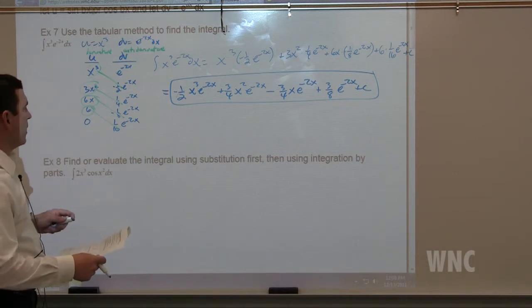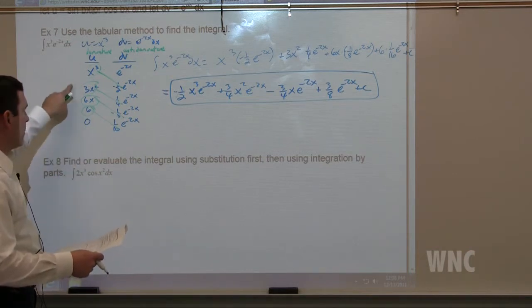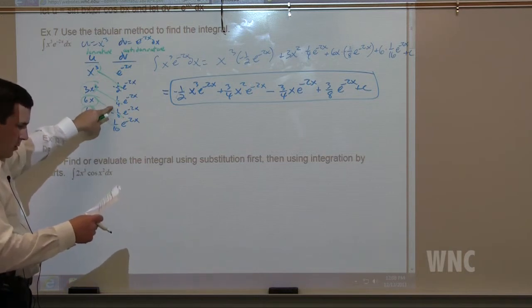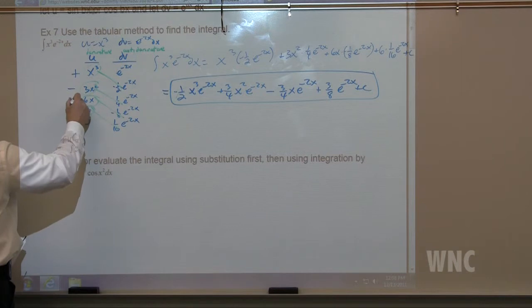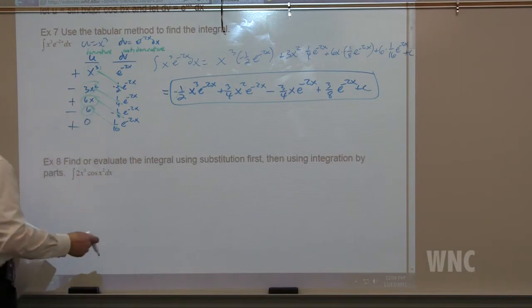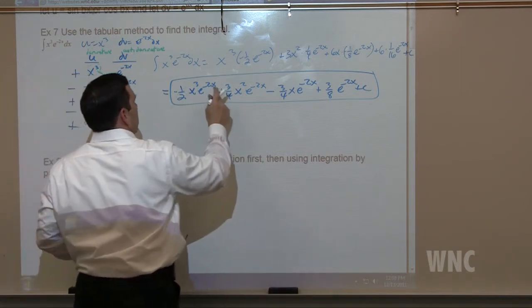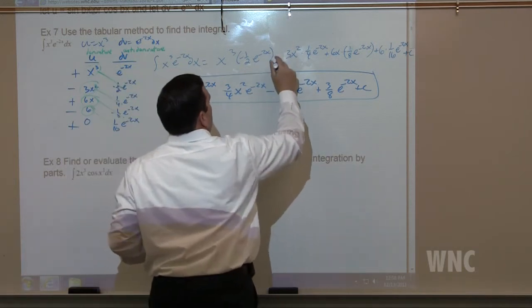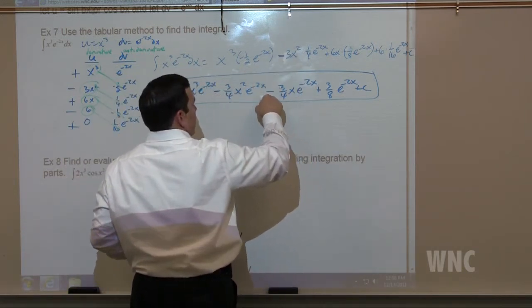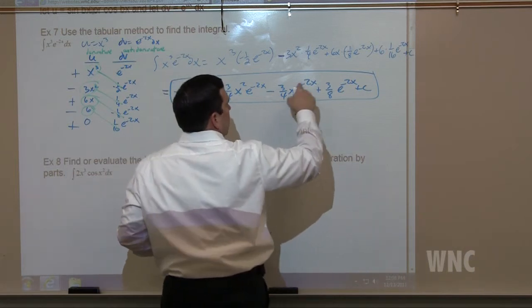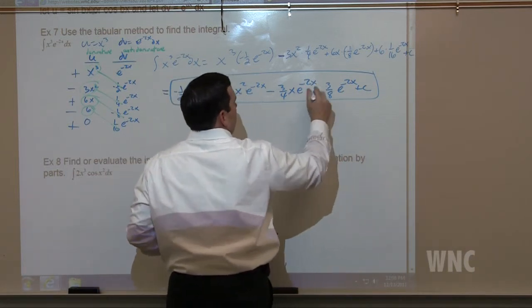I feel like I'm missing a negative somewhere. Oh, I did forget something. It's plus, minus, plus, minus, plus. So that one's positive, this one we make negative. And this one is positive, positive, negative times positive is positive. This one is the negative.